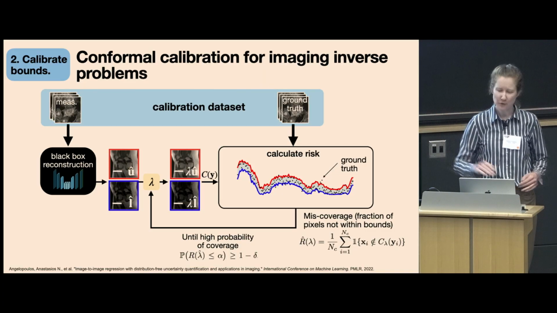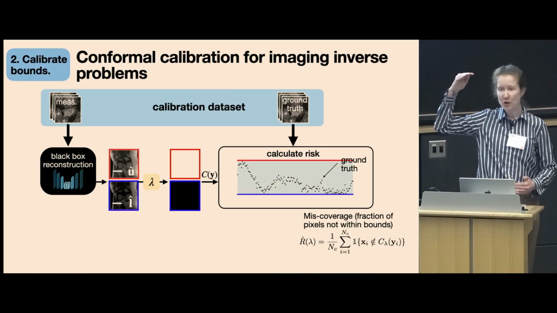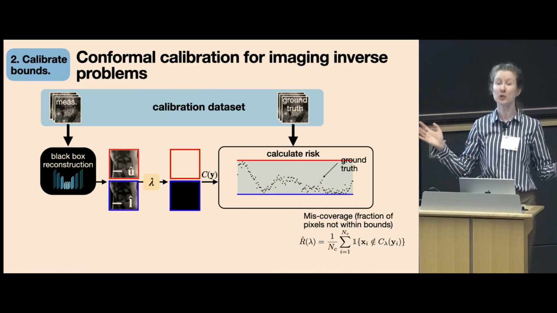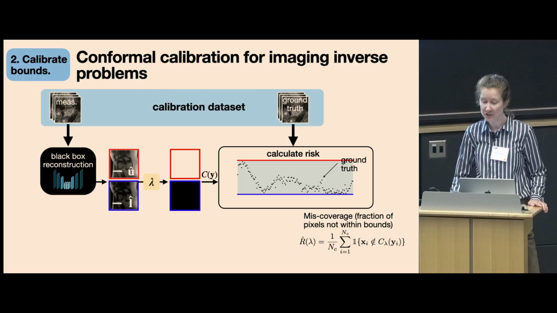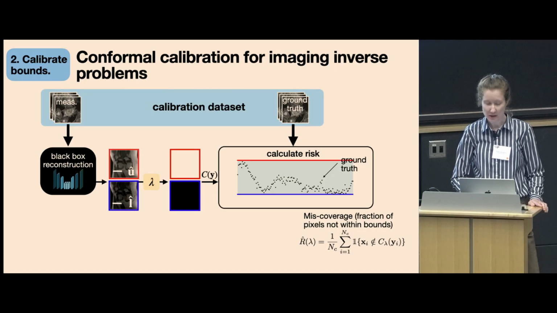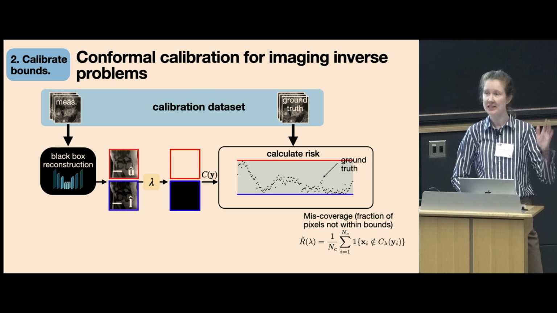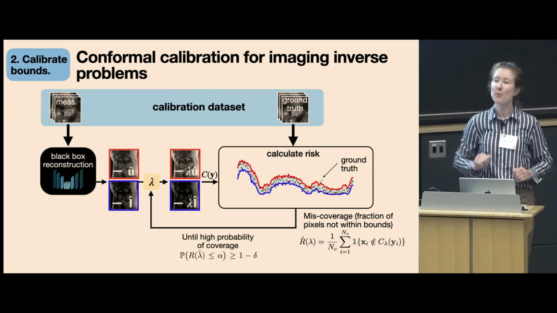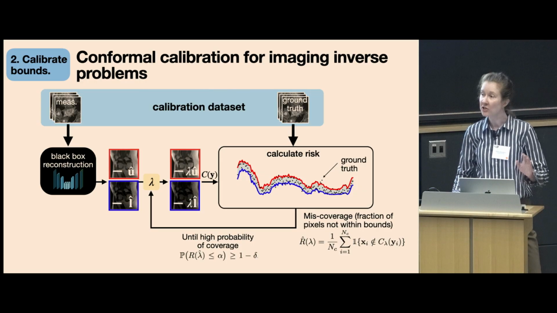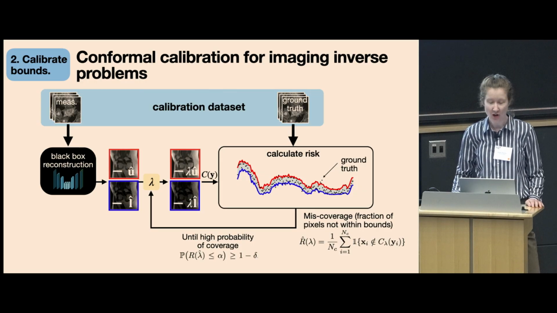Now, there's a trade-off here. You could have an arbitrarily large interval and have full coverage, right? But then this wouldn't be very informative for the uncertainty. So really, the goal here is, given a fixed coverage, say 95% or so, we want to have the tightest possible uncertainty intervals such that we still reach coverage on the calibration data set.